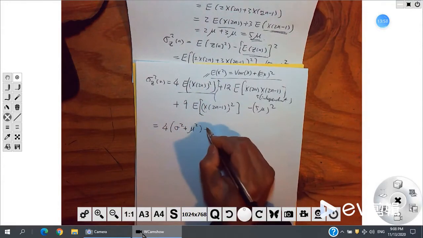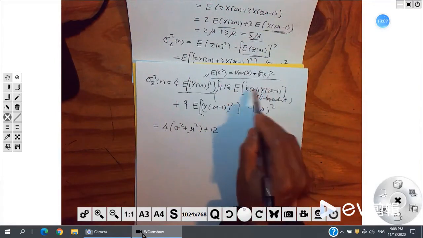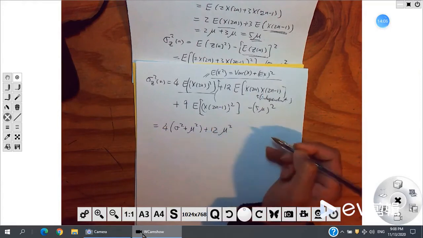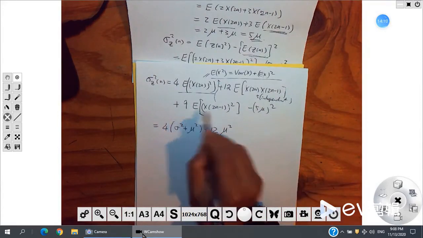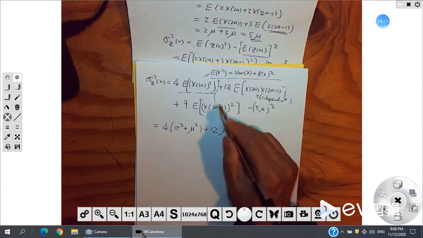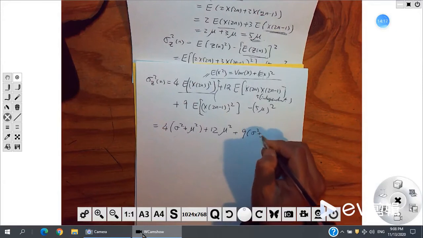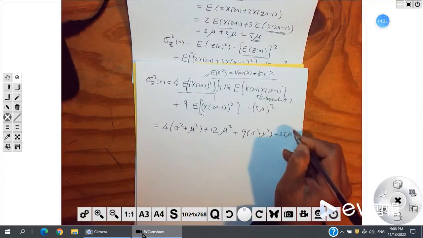And then 12 times E of first and E of second. Both are mu, so just mu squared. Okay. And this one is 9 of these. This is the same as this part. So 9 of sigma squared plus mu squared. And minus 25 mu squared.